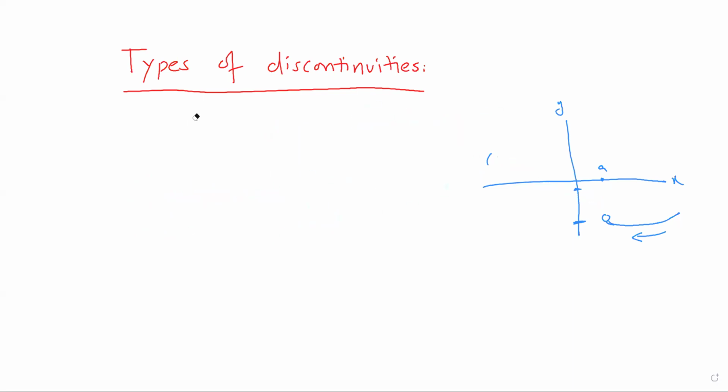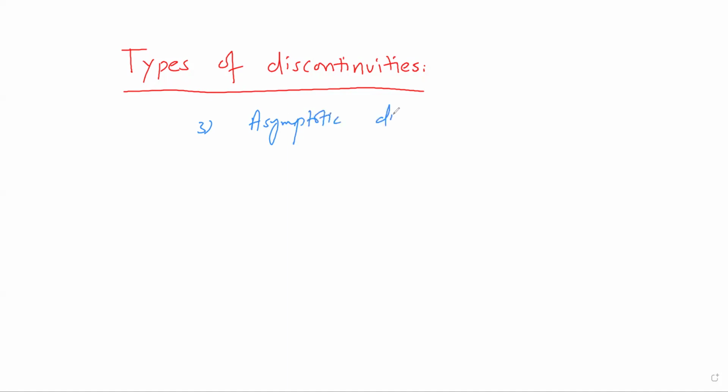And then number three, we have asymptotic discontinuity.